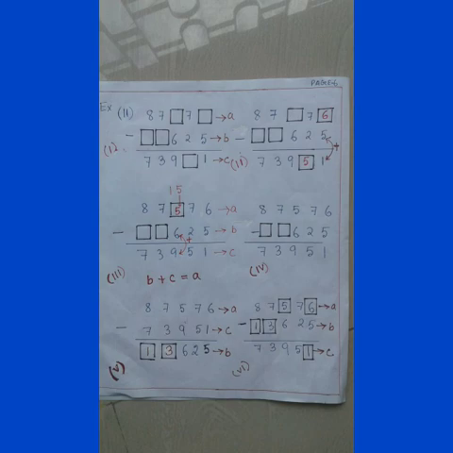If we subtract A minus C, we get B. So in the fifth step, I have subtracted C from A so that I get B. After subtraction, in the blank spaces we have the values 1 and 3.